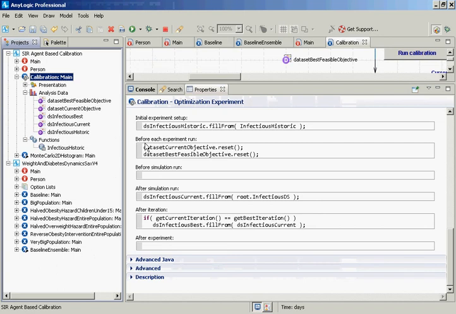Does that make sense? Okay, I'm happy to go into this, nerd out more about it by showing you the OptQuest stuff, because it's a bit funky, but it's actually not that bad.